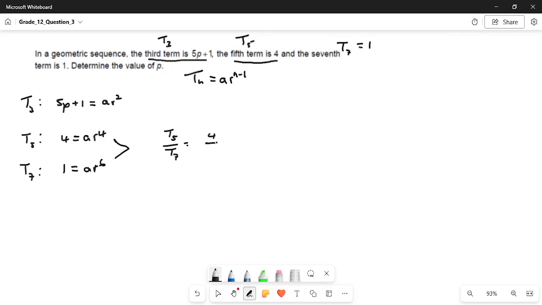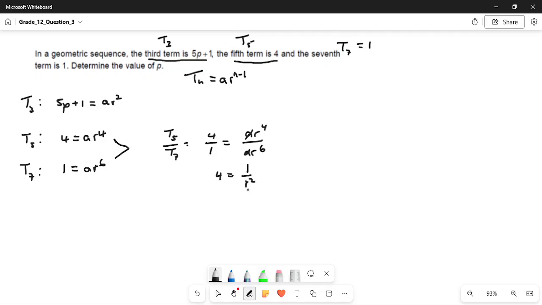So we'll have 4 divided by 1 is equal to a r to the power 4 divided by a r to the power 6. Our a's cancel, we've got 4, and then we just find the difference of our exponents. We'll have r to the power 4 minus 6, which is negative 2. So I can rewrite this and say 1 divided by r squared.